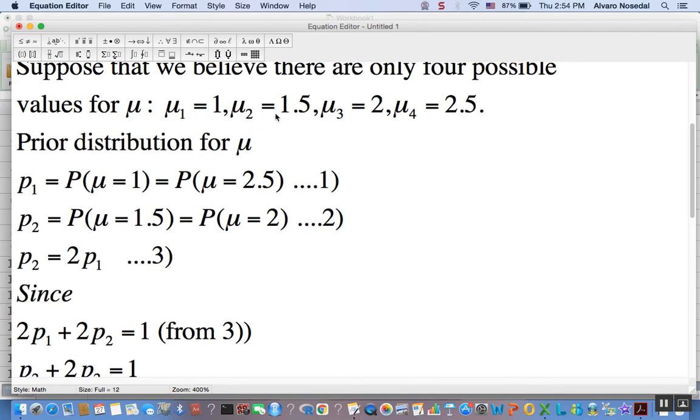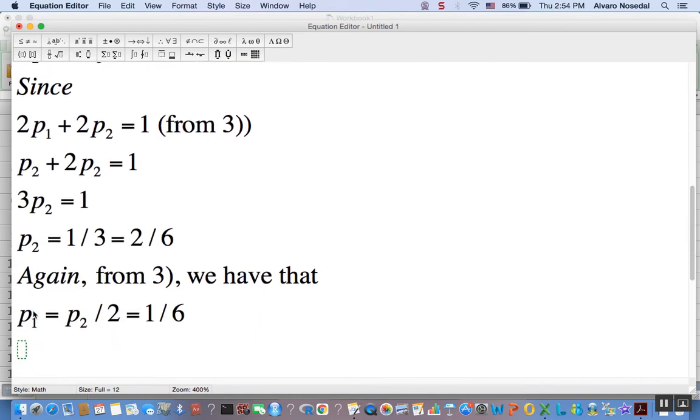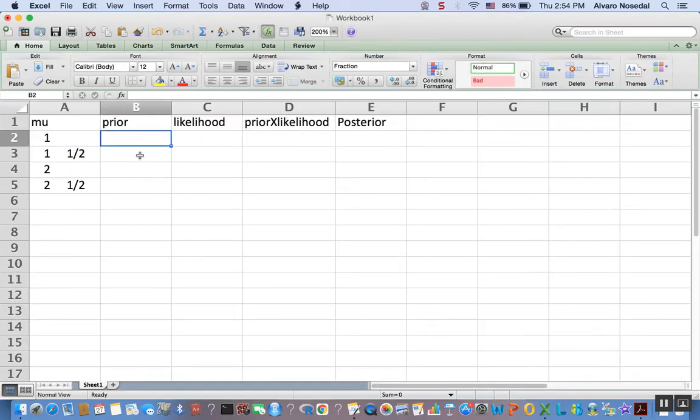That mu2 and mu3 were twice as likely as these guys. Anyway, after considering that, we ended up with that probability distribution. So for mu1 and mu4 we have 1 over 6. Let me go back here. So we have 1 over 6 here, we have 1 over 6 here, and we have 2 over 6 for these guys. These guys are twice as likely.